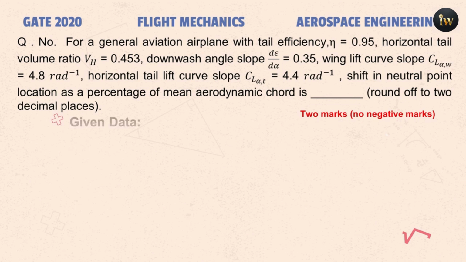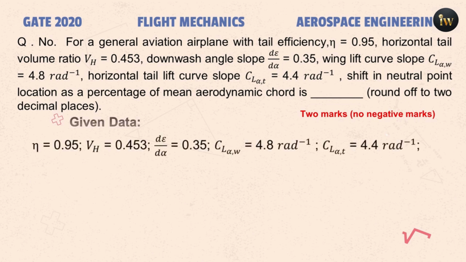So let's first write down the given data. First they have given eta, that is tail efficiency, 0.95. Then the tail volume VH, that is 0.453. Then downwash slope d epsilon by d alpha, 0.35.